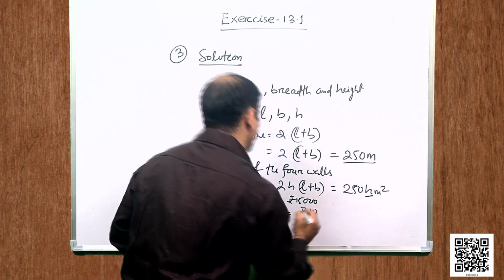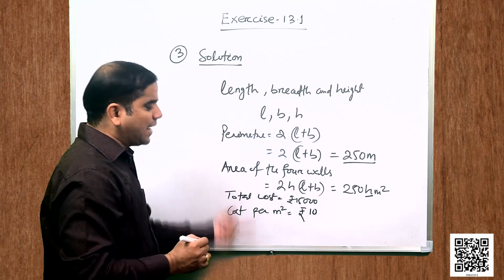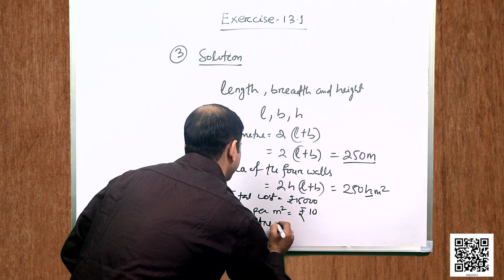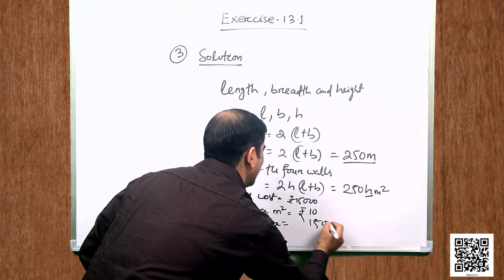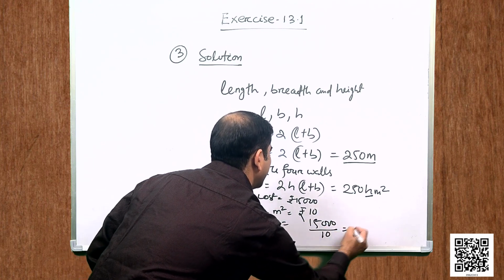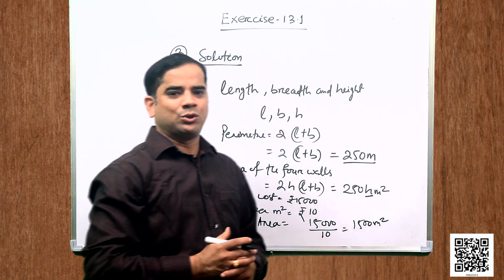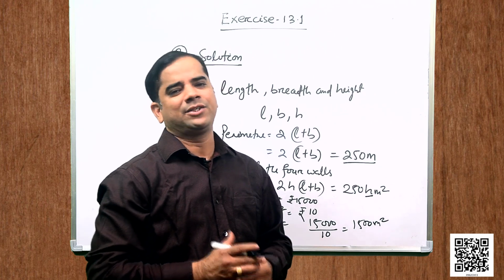So from here we can find the area. Area is equal to 15,000 divided by 10, that is 1500 meter square, isn't it? So it is 1500 meter square.